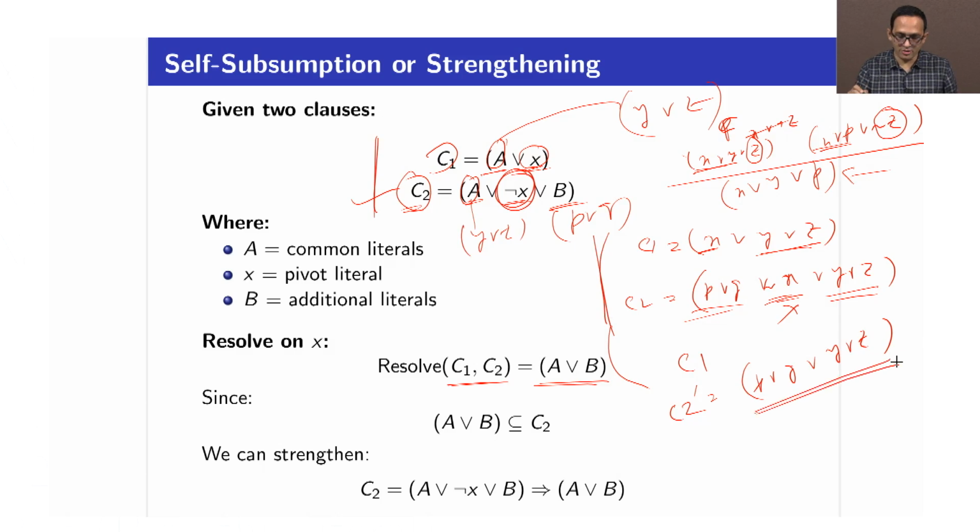So this is my B and this is my A. This is how I am getting this. So I am keeping this clause and effectively removing the other clause.